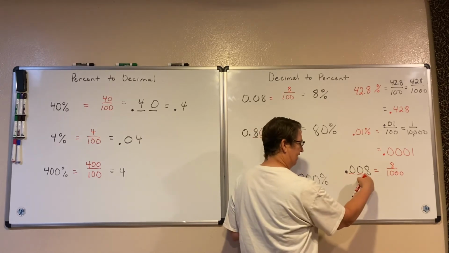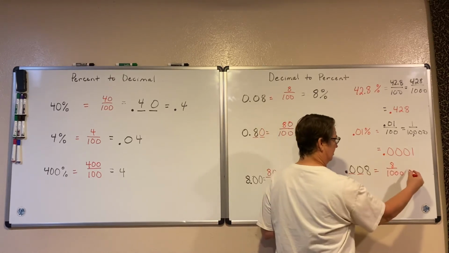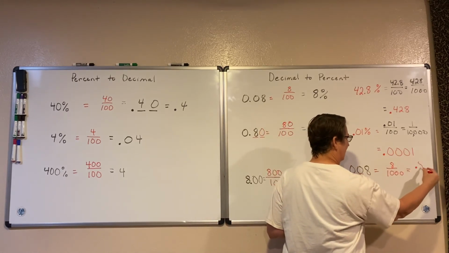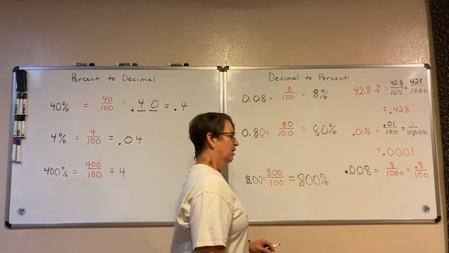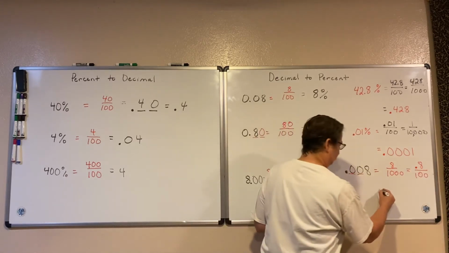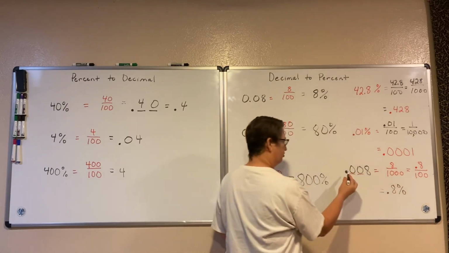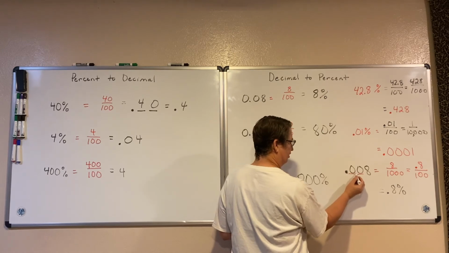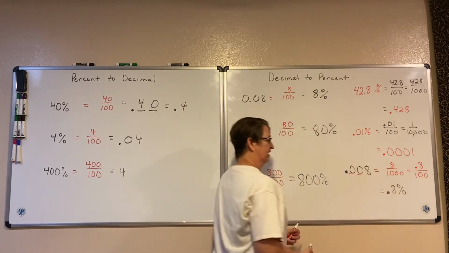So that decimal is going to end up right in front of my 8, or you can think of it as dividing by 10 here, so that I end up with 0.8 over 100. So that is equal to 0.8%. So notice in this case, my decimal is just moving over 2 spots to end up with that 0.8%.